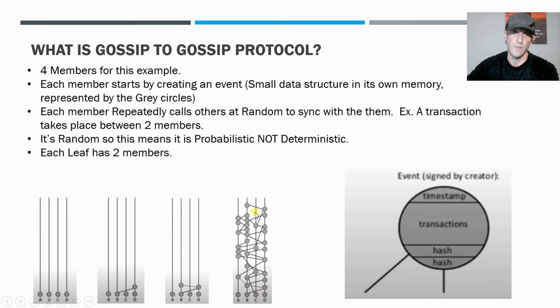And all these different members start gossiping and storing events and sharing that information across the network. Now, each event looks something similar to what you've got here. You got your timestamp, like I was talking about. It could hold transactions. It could hold whatever as far as data. And then you've got the hash down here below under the transaction.